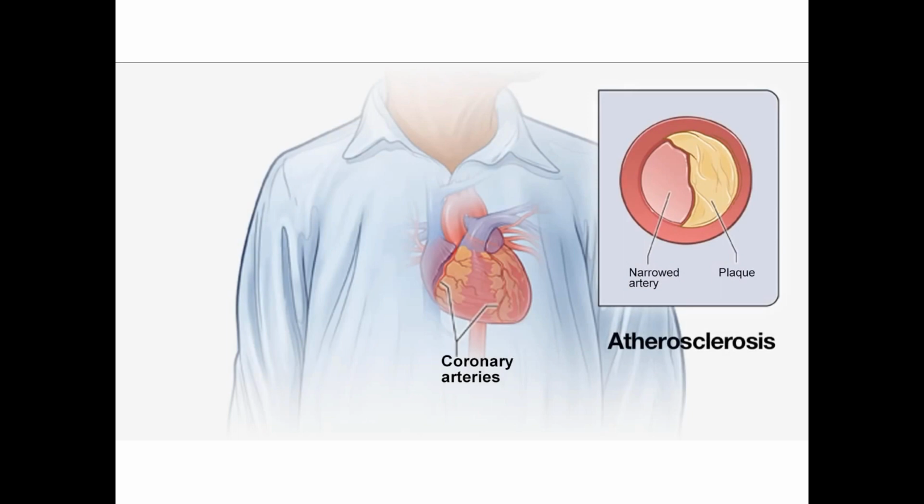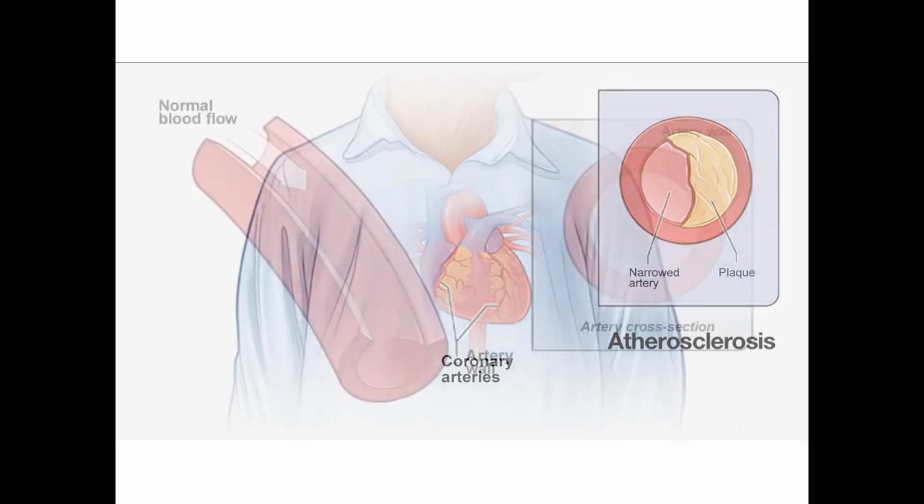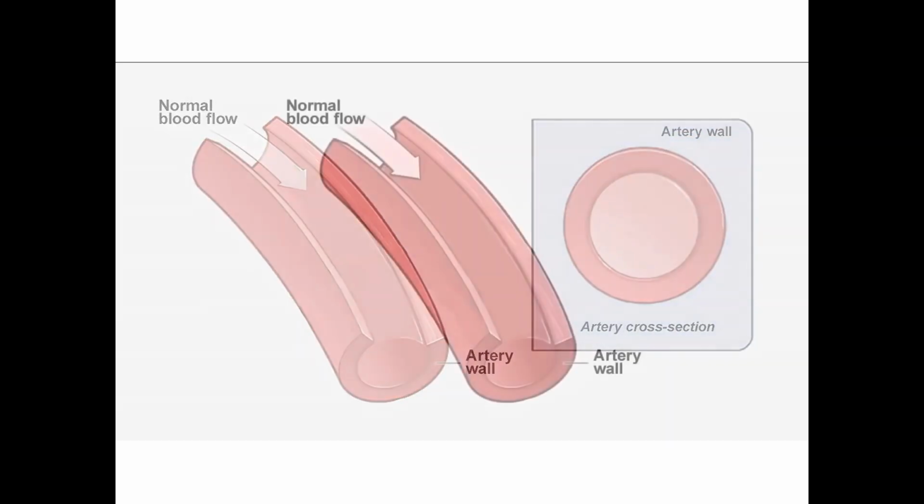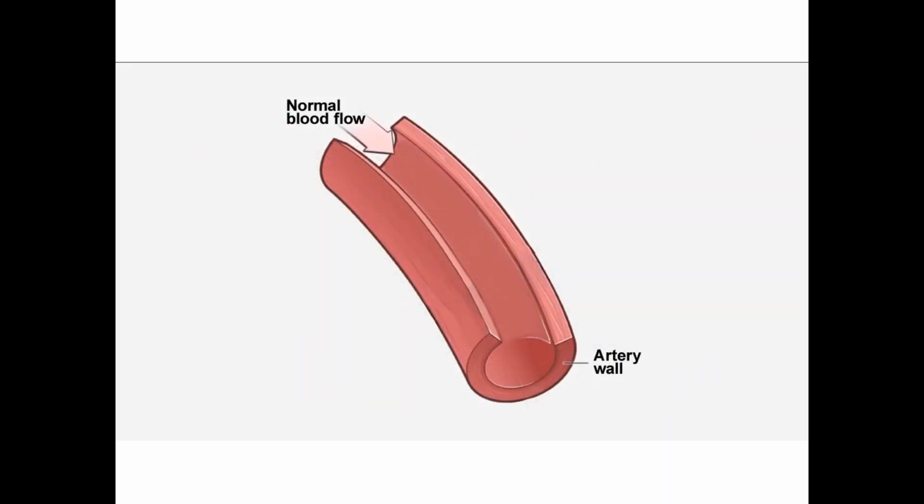Atherosclerosis can lead to serious problems, including heart attack, stroke, or even death. Healthy arteries are strong and elastic. They become narrow between heartbeats, and they help keep your blood pressure consistent. This helps blood move through your body.